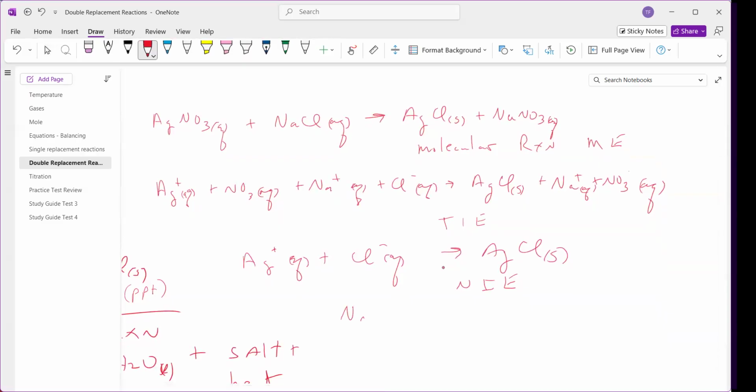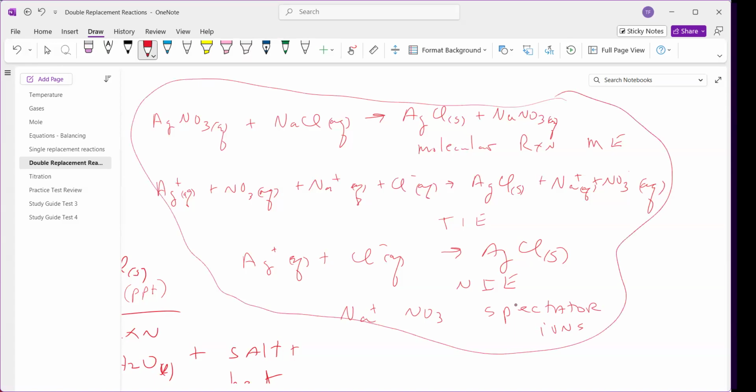There are spectator ions. So that's a complete double replacement reaction.